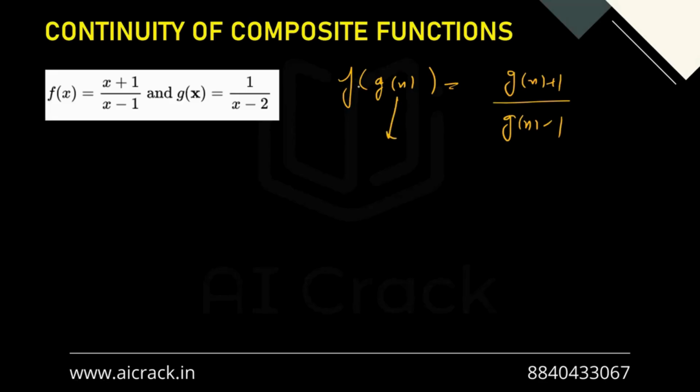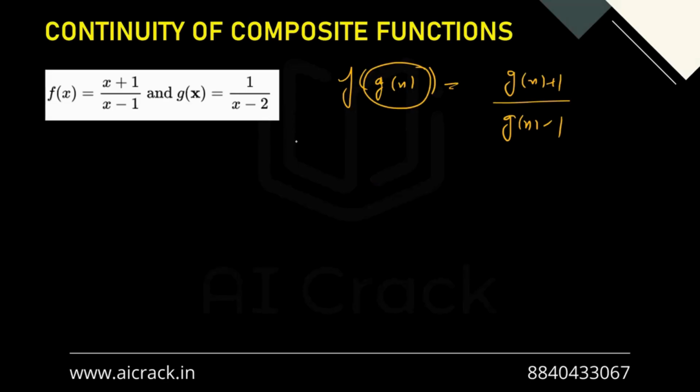Because the definition of f of g(x) is dependent on g(x). If g(x) is not defined at a particular point, f of g(x) also won't be defined there. So let's first understand the continuity or discontinuity of g(x).